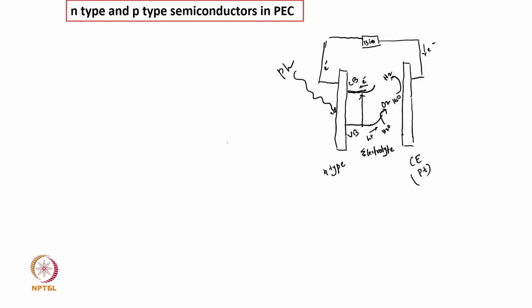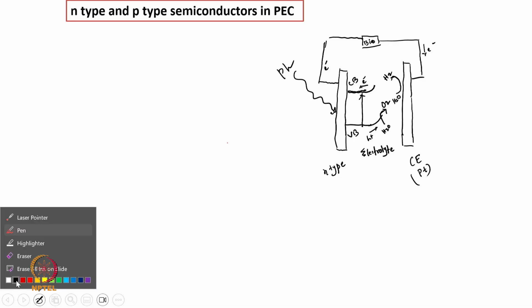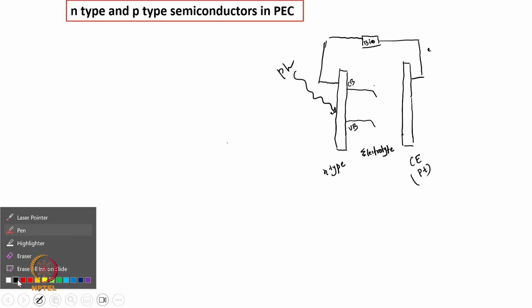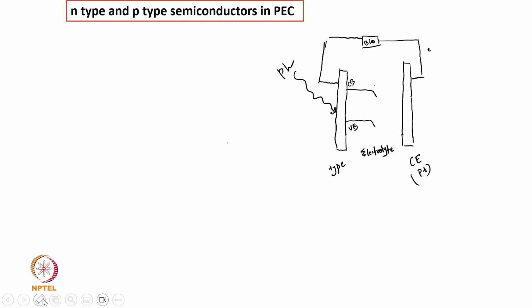Now if I go to a P-type semiconductor, in the case of a P-type semiconductor, this is again the conduction band, this is the valence band, and this is the P-type semiconductor.